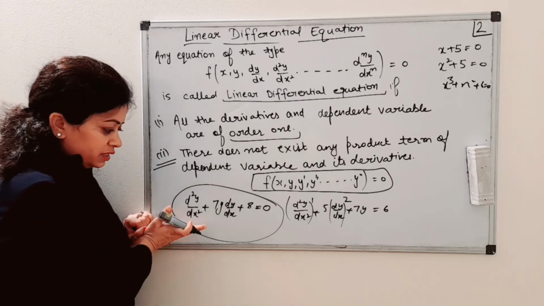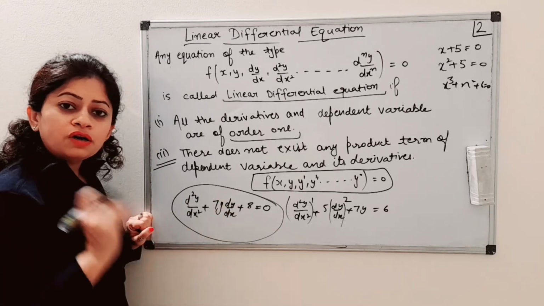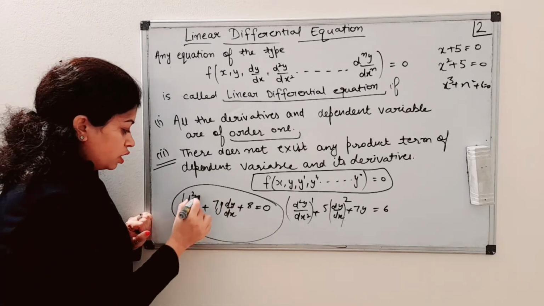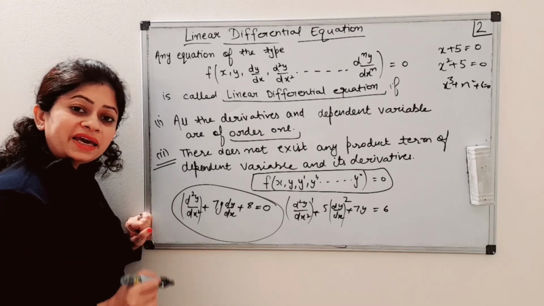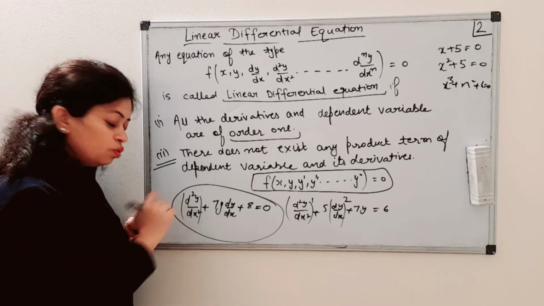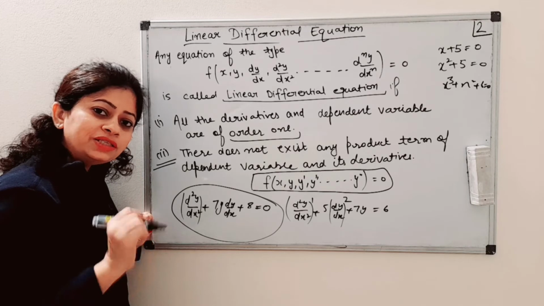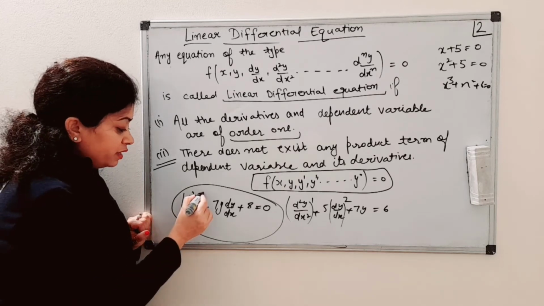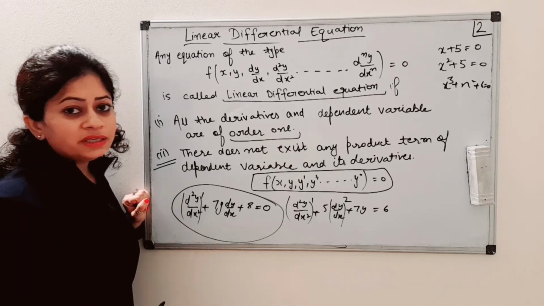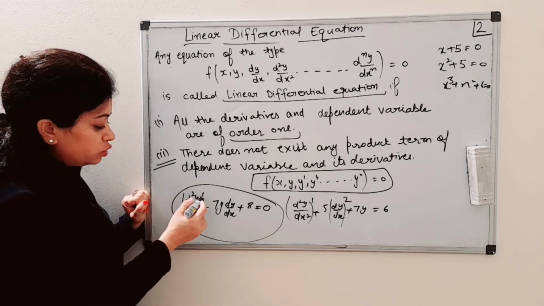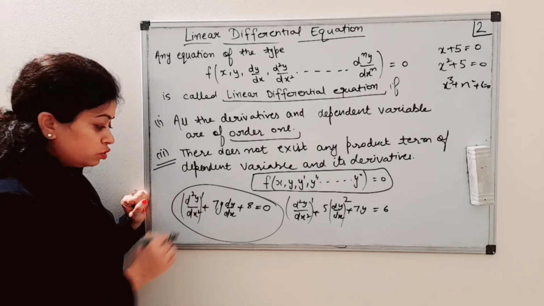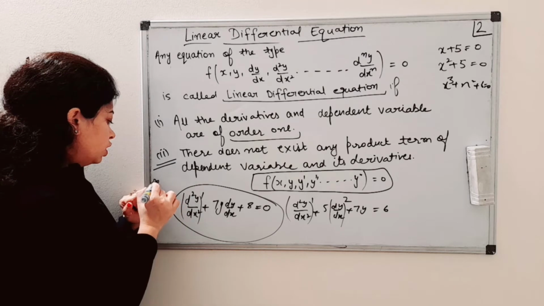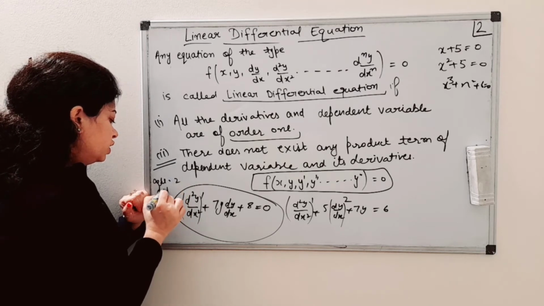What is the order of this differential equation? Order is 2 because highest order derivative is 2. And if I ask what is the degree of this differential equation, then you will say the degree is 1. So order is 2, degree is 1.